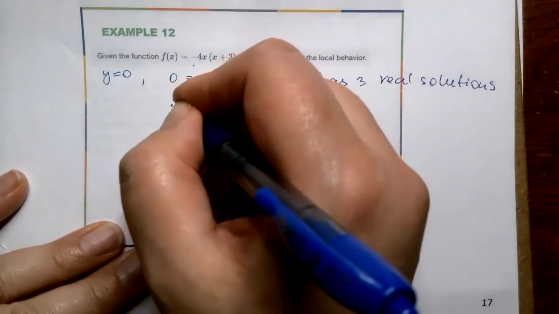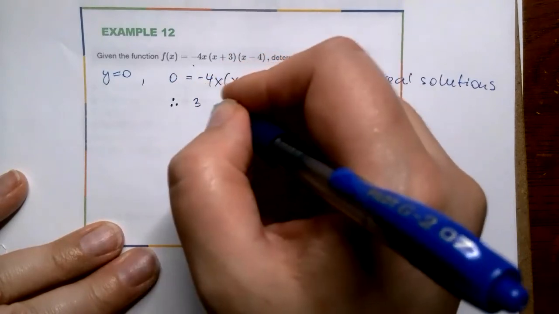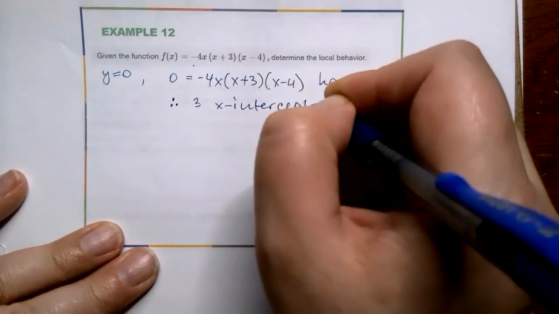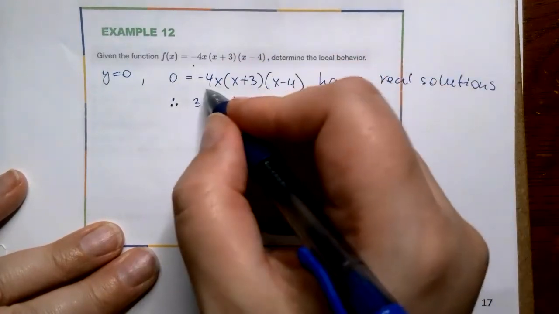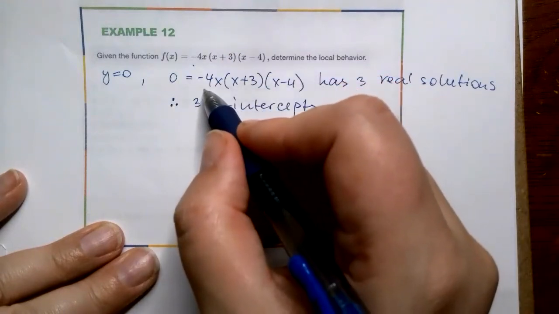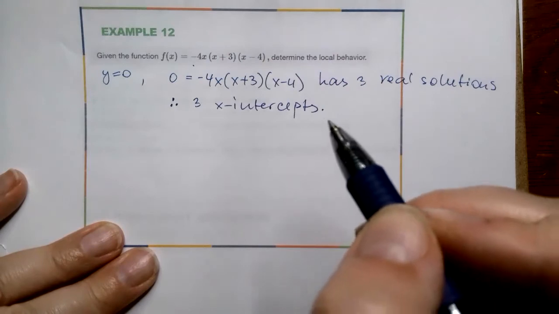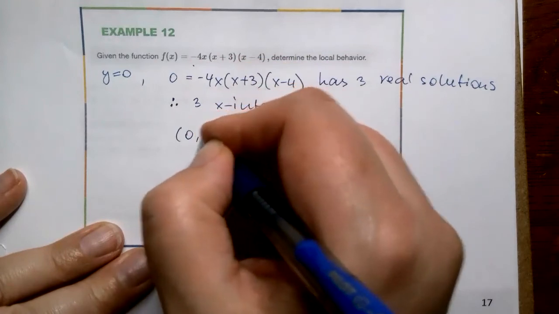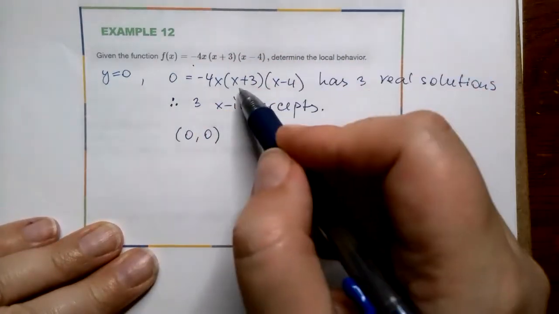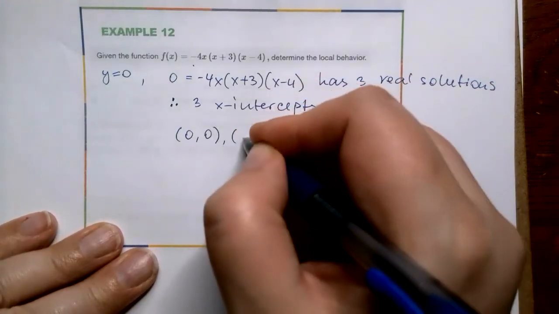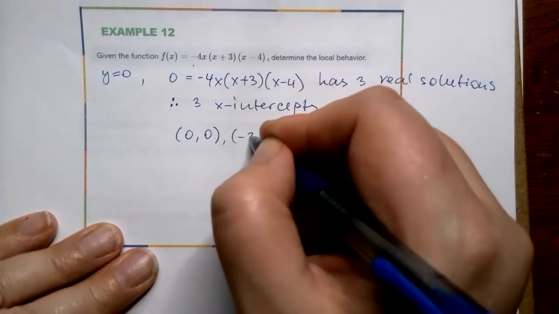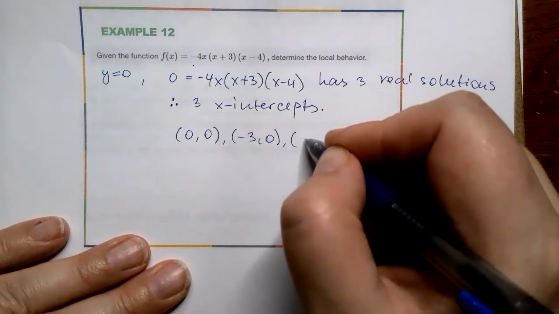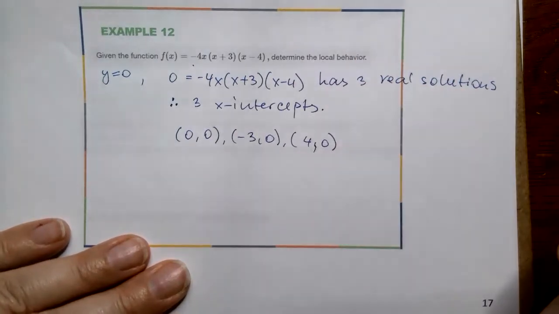Therefore, we have 3 x-intercepts. And those are, because we have 3 factors here that could turn into 0. The first one turns to 0 when x equals 0, so the first intercept is (0, 0). The second turns into 0 when x is negative 3, so we have (-3, 0). And the last one turns into 0 when x equals 4, so we have (4, 0). So those are our x-intercepts.